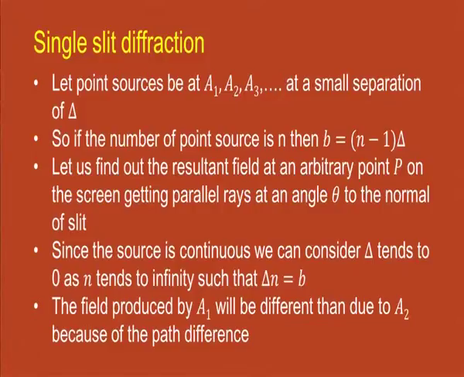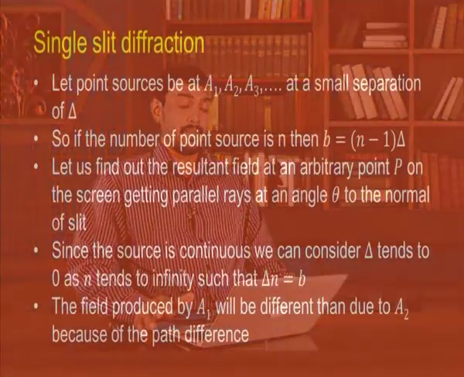Now, let us find out the resultant field at an arbitrary point P on the screen, getting parallel rays at an angle theta to the normal of the slit. Since the source is continuous, we can consider delta tends to 0 as n tends to infinity, such that the multiplication of delta and n is equal to the width of the slit, that is equal to b.